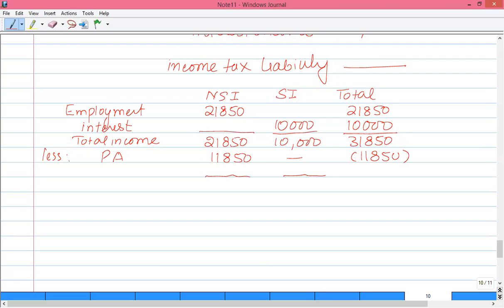I have deducted this personal allowance from non-saving income because we are using this as the most beneficial way. So out of 21,850, 11,850 will get a figure of 10,000 and 10,000 interest income. The total taxable income is 20,000. That shows that it's a basic rate taxpayer situation.